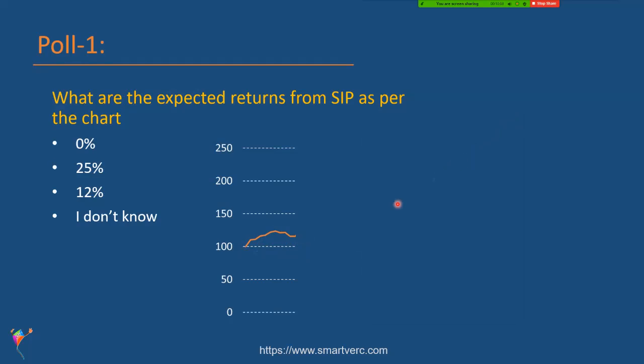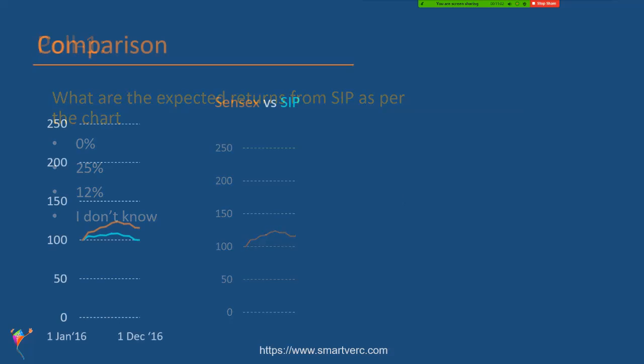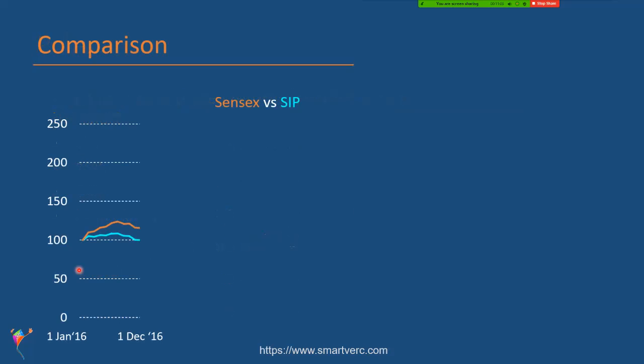I know many of you may have a query on how you calculate this, and we will definitely share that. So this is the SIP returns, and one thing you will appreciate is how you calculate the SIP returns. Secondly, we must understand that in the Sensex, we have started with a base of 100 and we are always comparing with a base of 100.